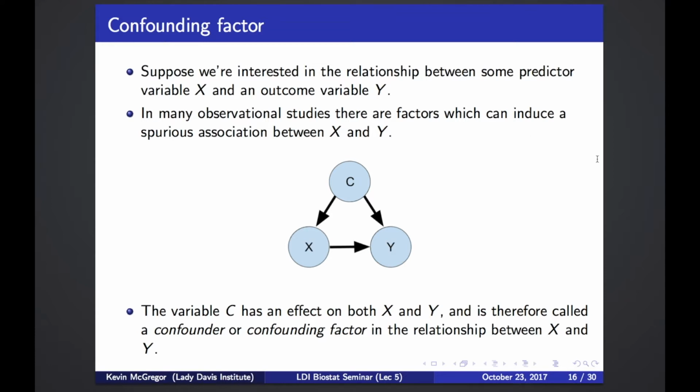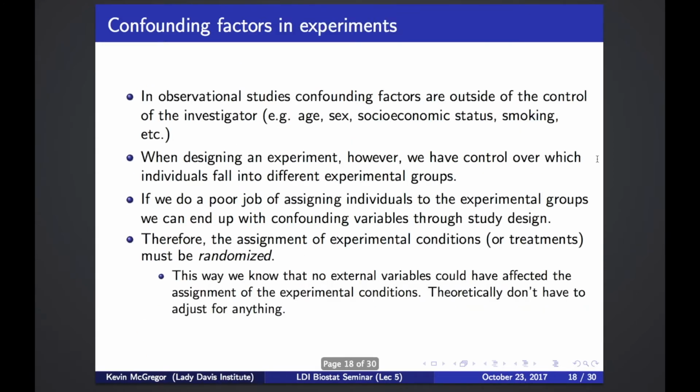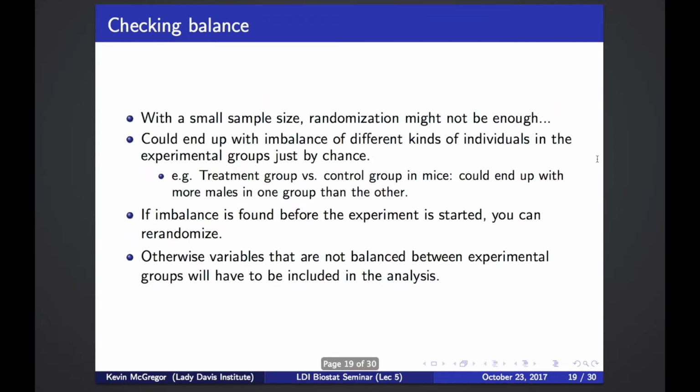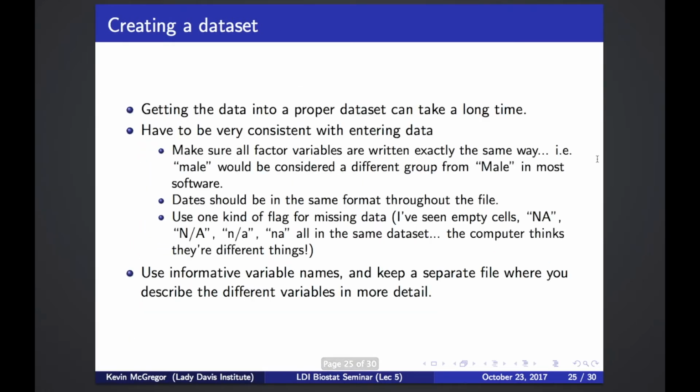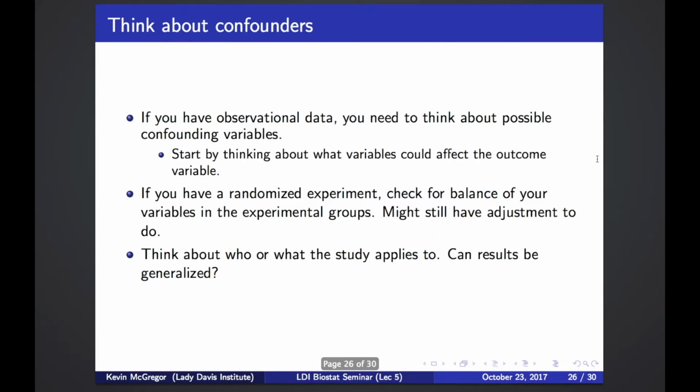Of course, that's not always the best idea, especially if you have a small sample size. You would have to really think about what the most important variables you would need to adjust for are in your analysis. But the thing to remember is that you should always err on the side of caution there.